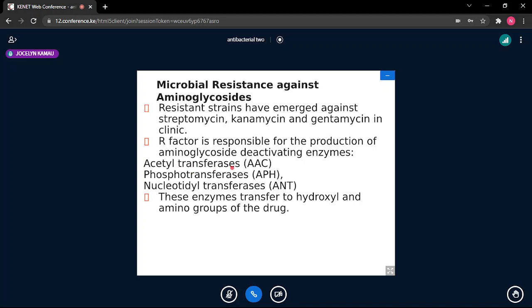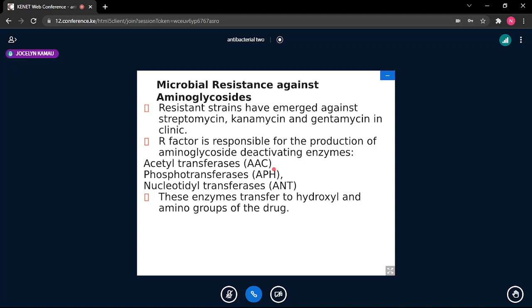Therefore we call them aminoglycoside acetyltransferase, AAC, aminoglycoside phosphotransferase, APH, and aminoglycoside nucleotidyltransferase, ANT.